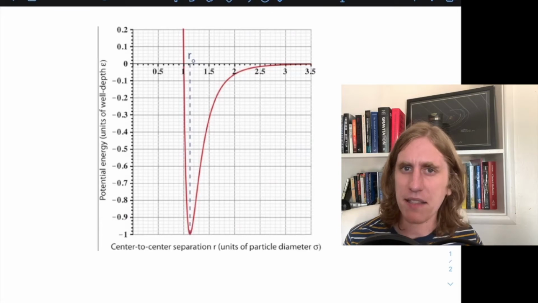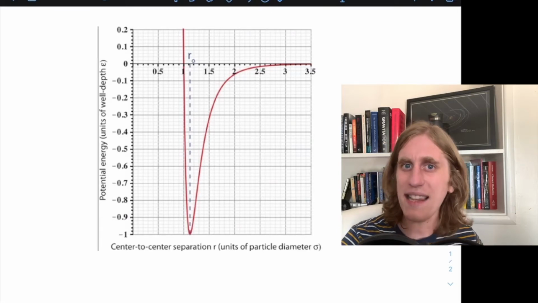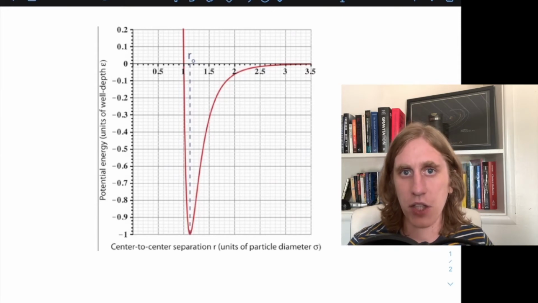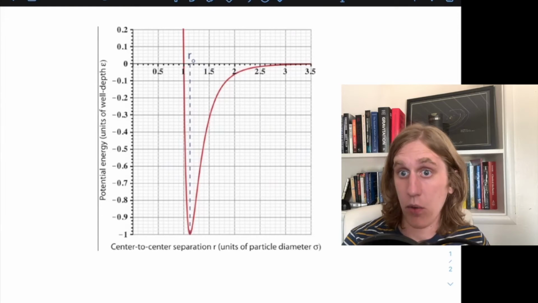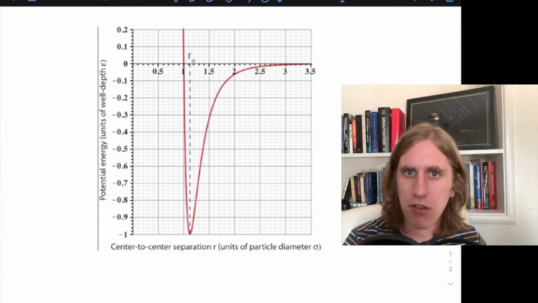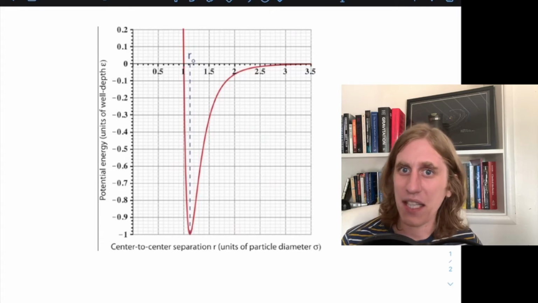But what does it mean to say that the particles are at zero temperature? Well, we said that for particles to be at zero temperature, they have to have no kinetic energy. So we know that the particles have no kinetic energy, but does that mean we know how much potential energy they have? Well, the answer is actually yes.